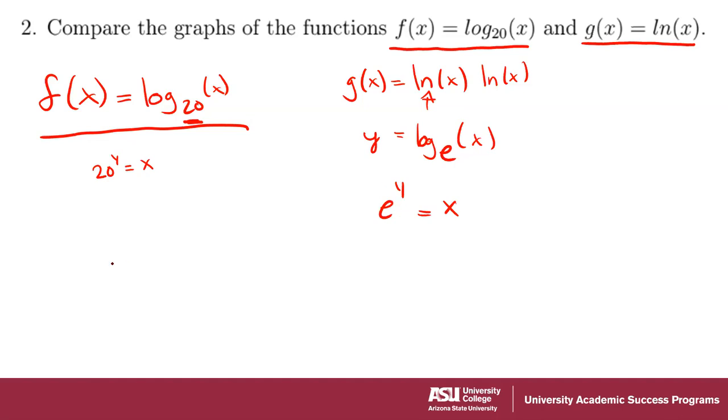So if we were to graph f of x, it's going to look similar. You're going there, and we cross at x equals 1. And then if we do natural log of x, it's going to be pretty similar in the beginning.